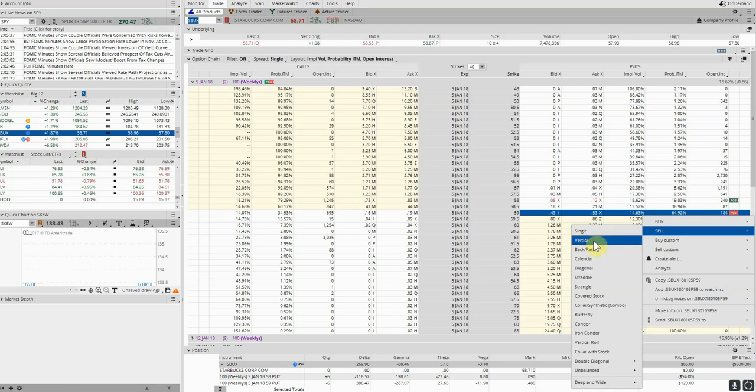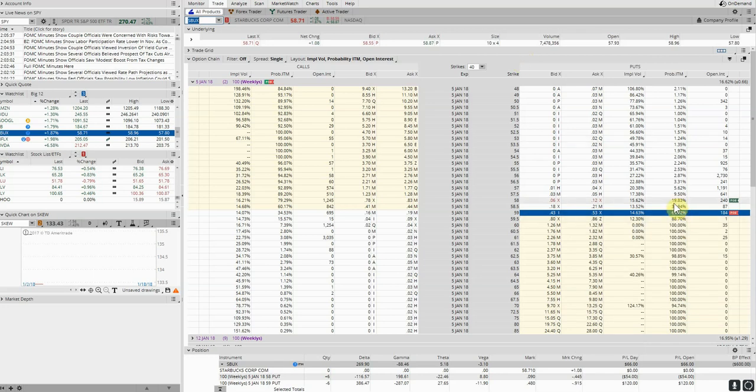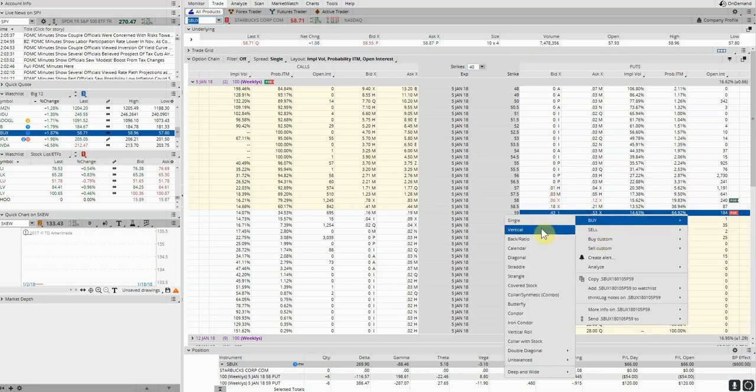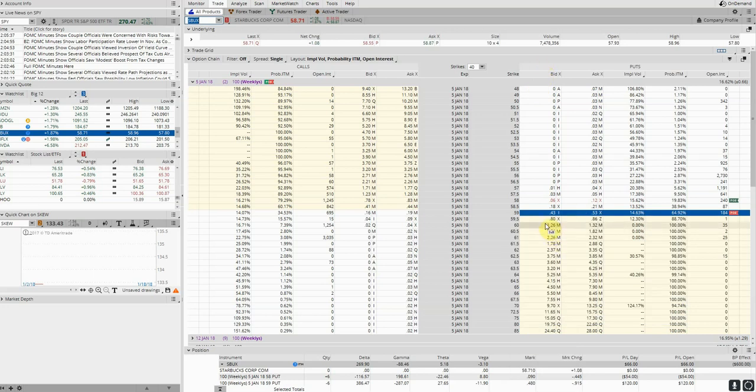So just right click on it, click sell, and for the purpose of setting up the puts, if you expect it to decline, say from 59 to 56, what you want to do is right click and buy a vertical, and that will capitalize on it falling. If you want to capitalize on it rising, so you believe it's at 58 and you think it's going to 60, you'll want to sell.